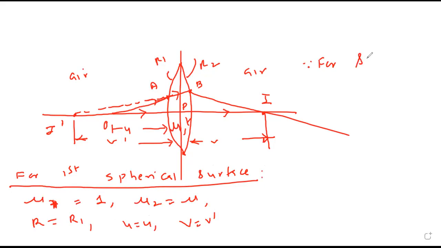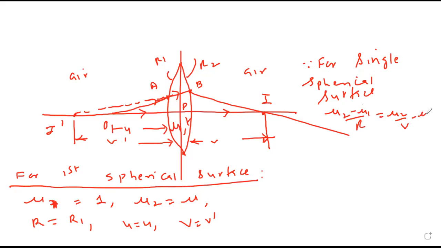Since for a single spherical surface, mu2 minus mu1 upon R is mu2 upon v minus mu1 upon u, so mu minus 1 upon R1 is mu upon v dash minus 1 upon u, equation 1.